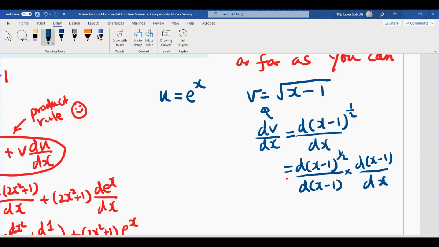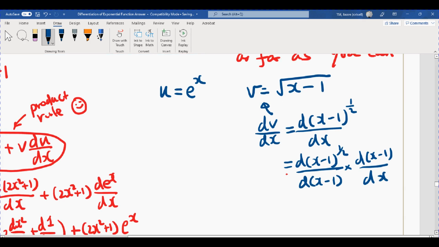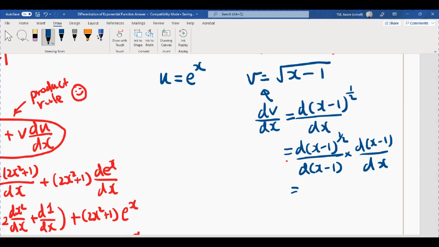Okay, so you must have the same base before you can use the power rule. I think most of you should have used it. That's the power rule for this part, but you must make x minus 1 the base first. I hope you understand this one.